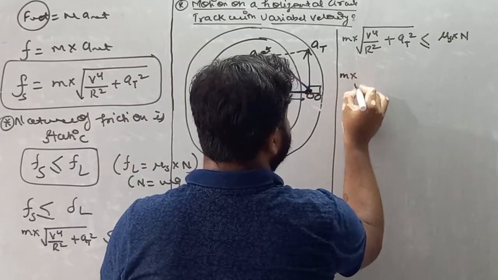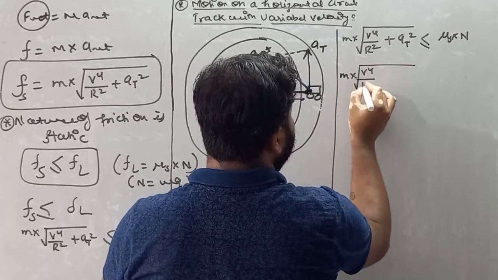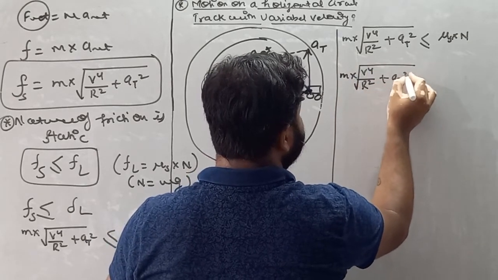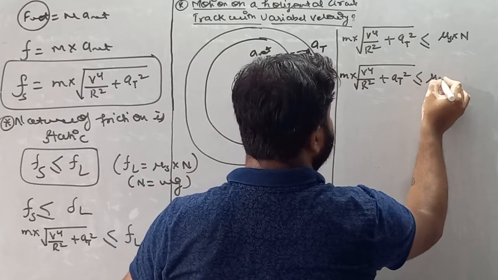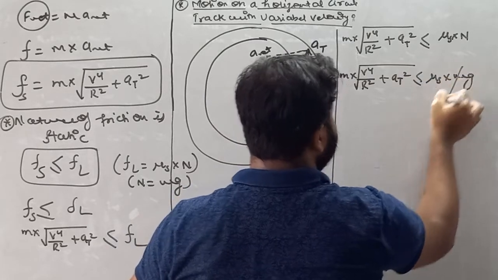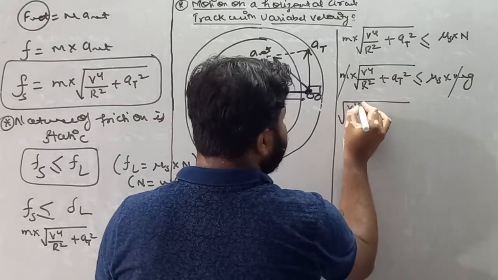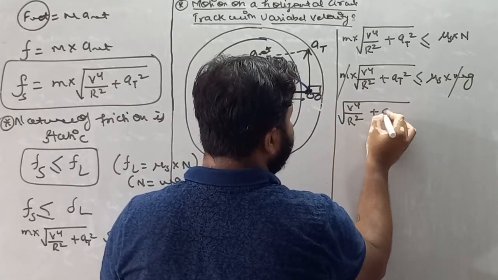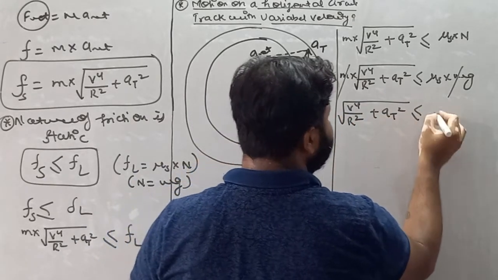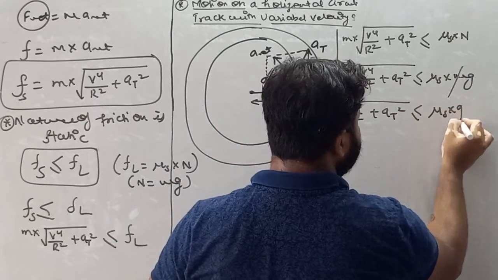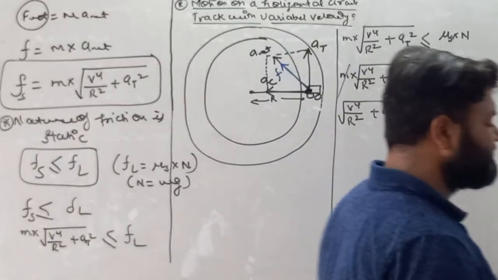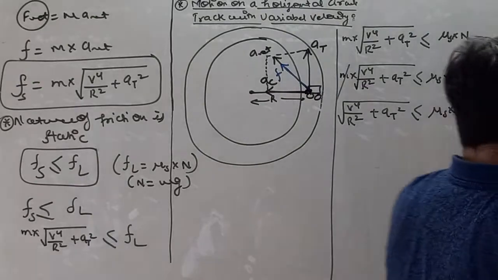So m into under root v raised power 4 by r square plus AT square is less than or equal to mu s into mg. Now see, m and m get cancelled, so we'll get under root v raised power 4 by r square plus AT square less than or equal to mu s into g. We know that mu s is the coefficient of static friction.